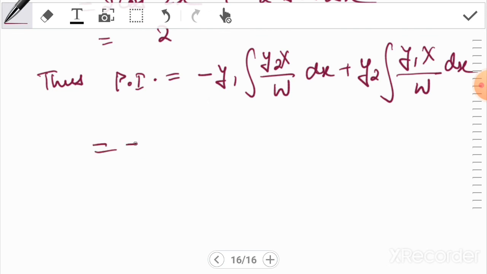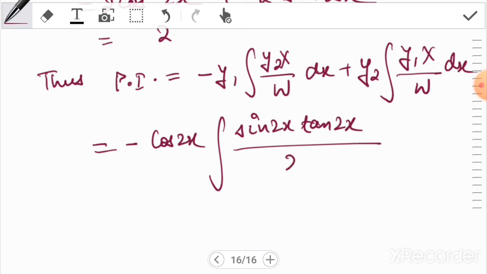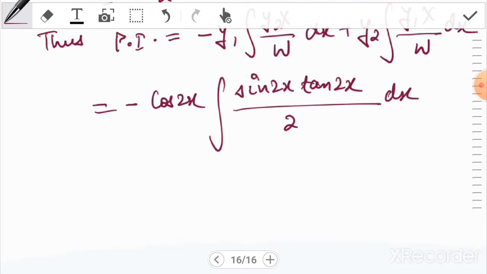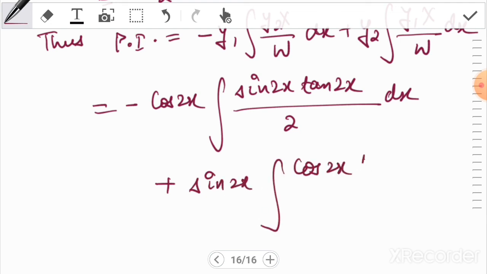Then minus y1 is minus cos 2x integral sin 2x tan 2x by 2 dx plus sin 2x integral cos 2x tan 2x by 2 dx.